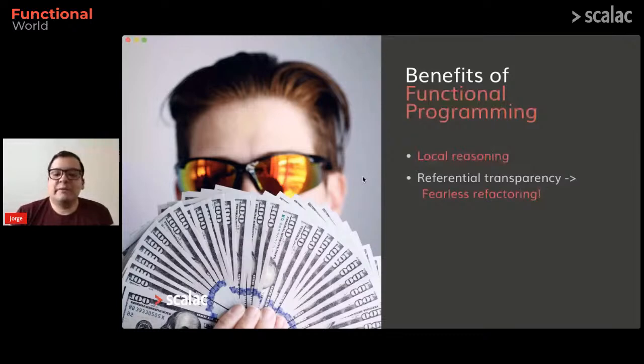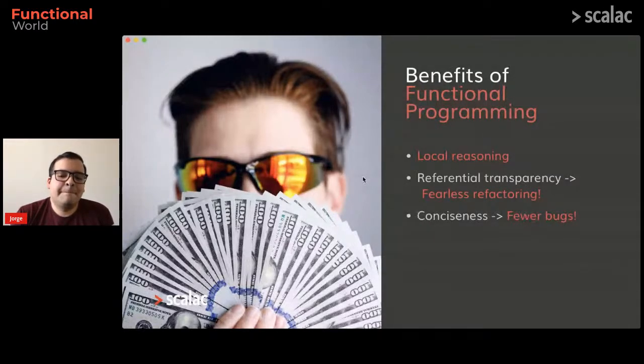In object-oriented programming, it's typical that sometimes you try to do some refactoring to your code, and because the code is full of side effects, sometimes your application starts doing things that you didn't want to. So in object-oriented programming, you have to be more careful when you're doing refactoring. In functional programming, you can refactor without any fear.